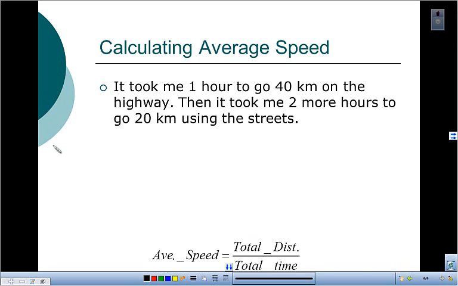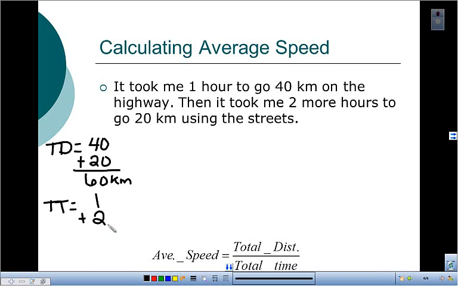My total distance will be 40 kilometers plus 20 kilometers is 60 kilometers. And my total time will be 1 hour plus 2 hours gives me 3 hours.